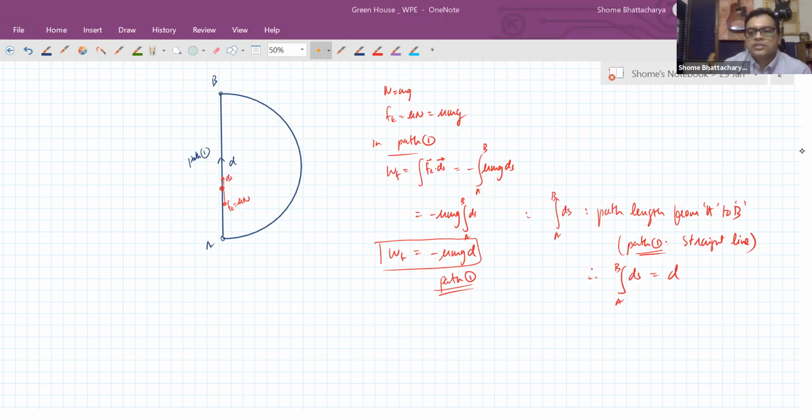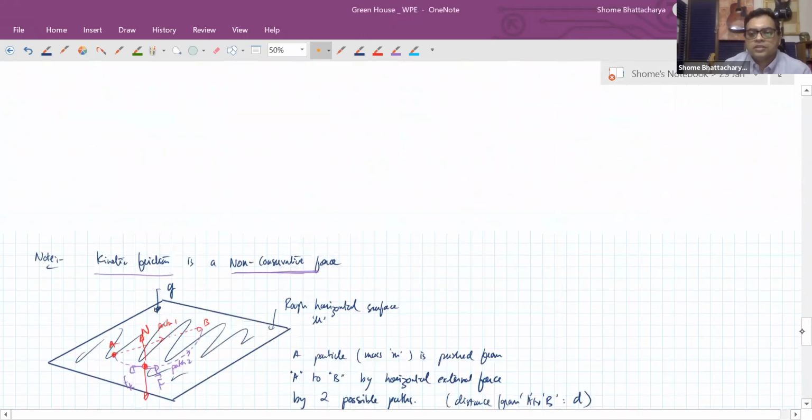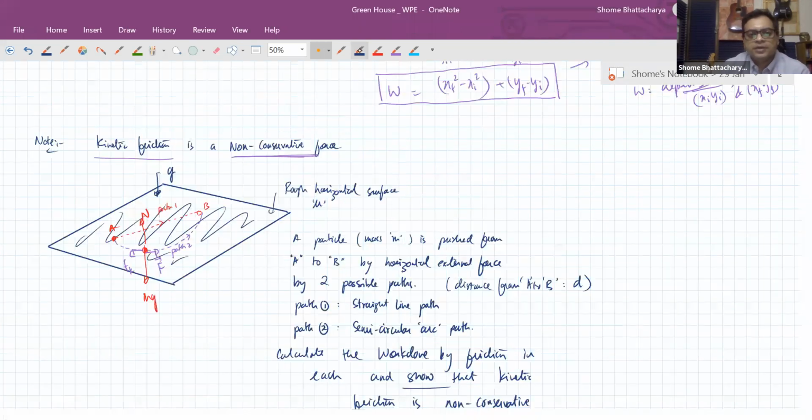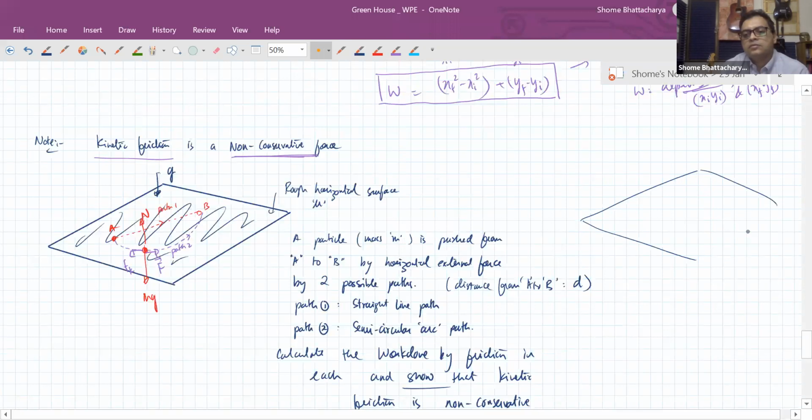Okay, so you can understand why this is like this, because you can see now when it's moving along this path, even the straight line path here, as your particle is moving from A to B via this straight line path, at any point of time, the normal reaction is only equal to the weight.